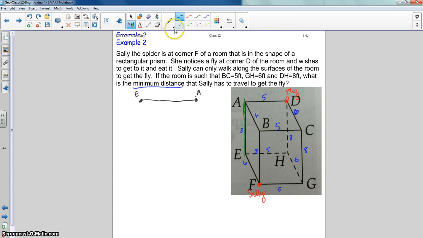Okay. Then I have to make some more cuts, and I'm going to cut along AB and EF. Okay, so I have these two sides cut, and then the next sides would be B and F. Okay, and that would be one side.